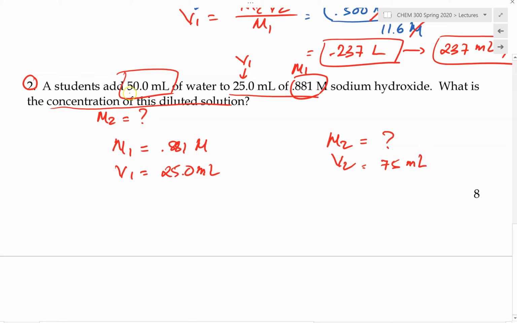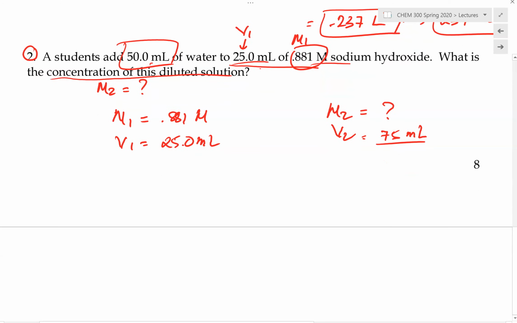When we take 50 milliliter of water and add it into a container already having 25 milliliter of solution, the volume will be additive, because water is added to water and this is an aqueous solution. So the final volume of this diluted solution will be 75 milliliter, not 50 milliliter. Please be aware of it. This is the most common mistake that students make on quizzes and exams.